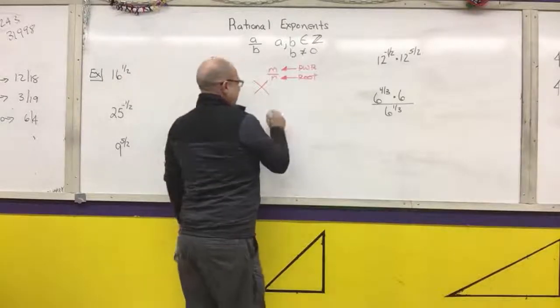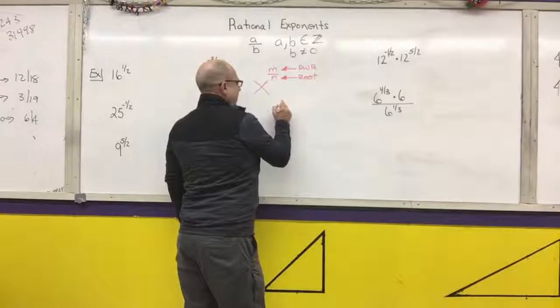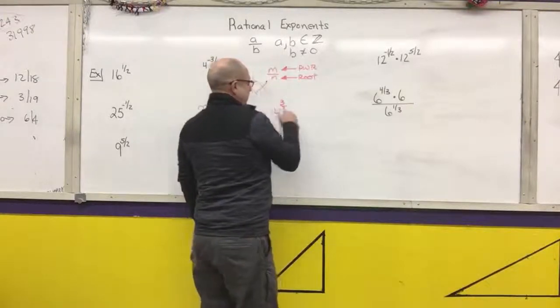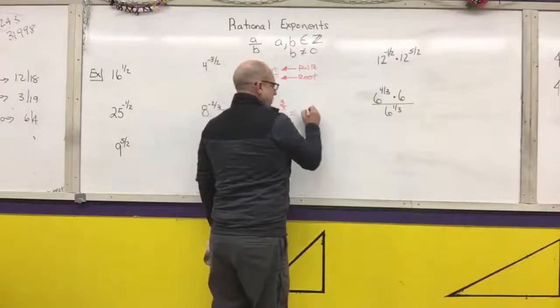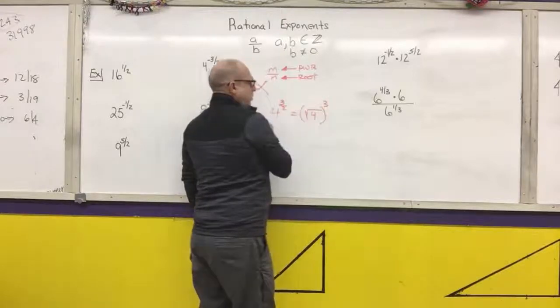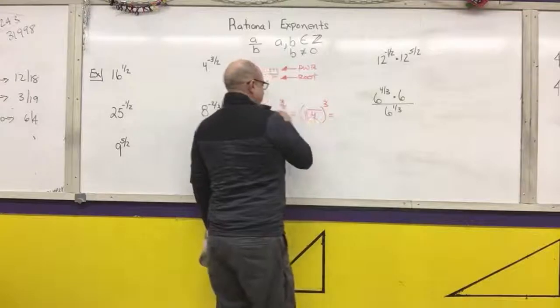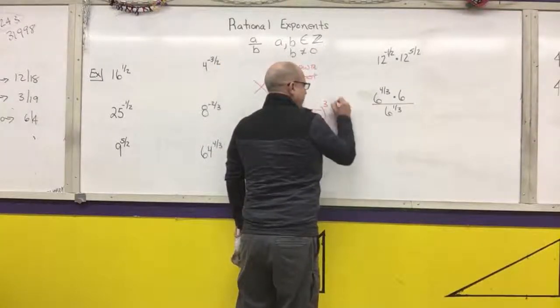For example, if I have 4 to the 3/2, there's two different ways I can write this. This says to take the square root of 4 and then raise it to the 3rd power. Alternatively, I can raise 4 to the 3rd power and then take the square root.